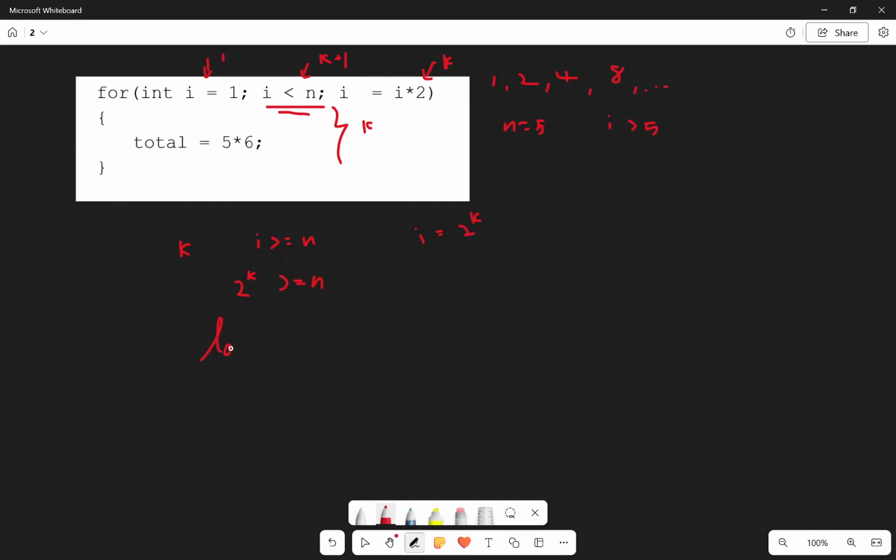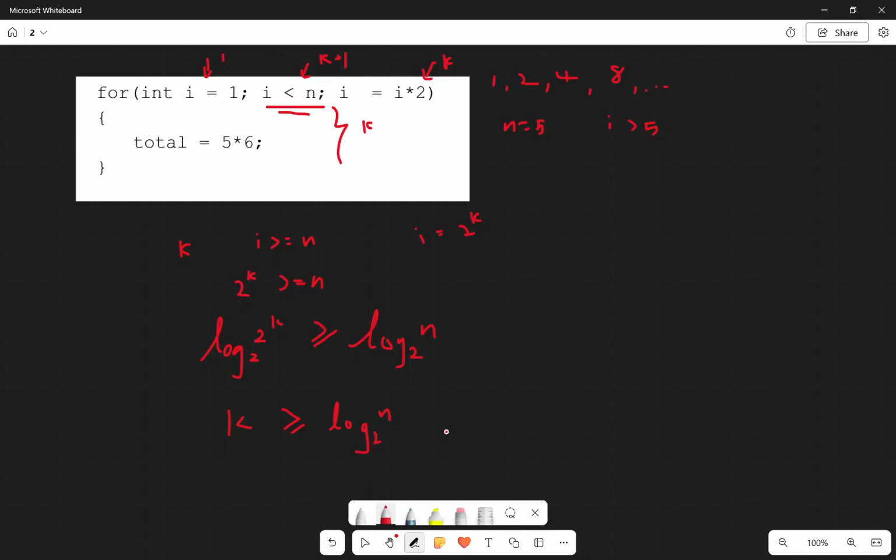I can say log to the base 2 of 2 to the power k greater than or equal to log to the base 2 of n. By simplifying this, I get k. k has to be greater than or equal to log 2 of n.